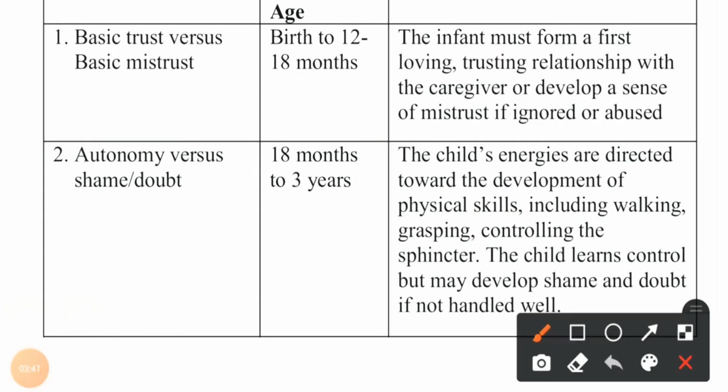Next we have autonomy versus shame and doubt. That is 18 months to 3 years; this is the time period in which it takes place. When I say autonomy, it means independent.